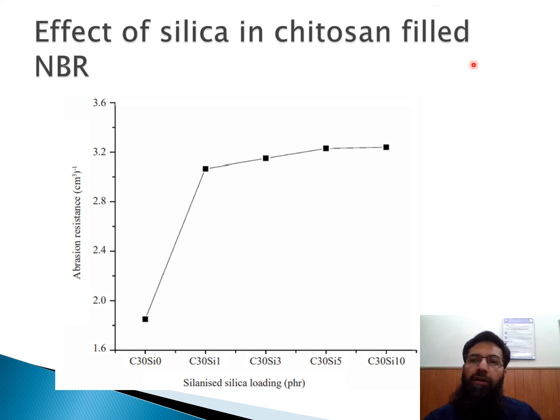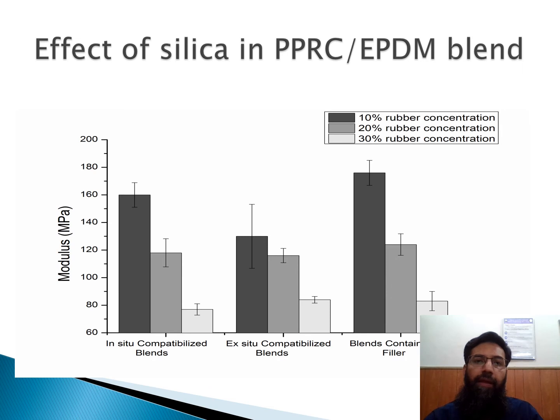If we take the example of other compounds, just like the PPRC and EPDM blends, and look at the properties, the compounds having silica as a filler show better modulus.